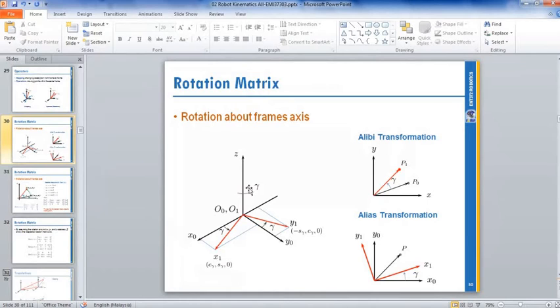That means you actually rotated on the Z axis. If you rotate about the Z axis, you must look from Z. When you look from Z, you need to have a good imagination. When you look from Z, that means you rotate counterclockwise.